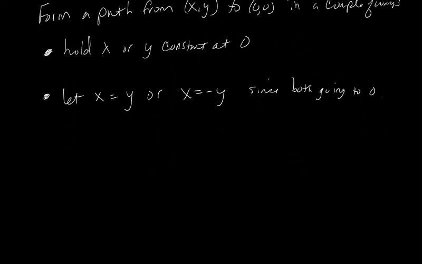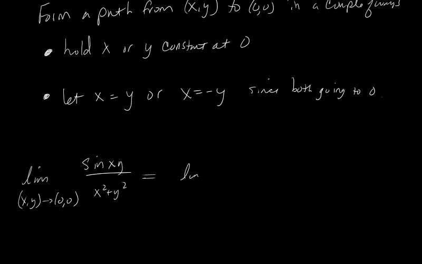So the limit as (x,y) approaches (0,0) of my function sine xy over x squared plus y squared is going to be equal to the limit as (0,y) goes to (0,0). Because I'm just saying, let's set x already there. x has already gotten there.